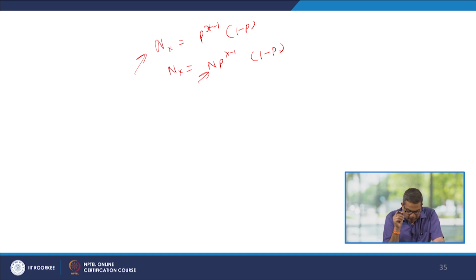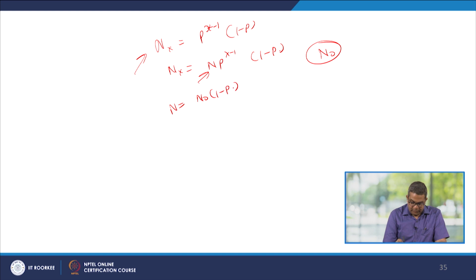The overall amount of structural units initially present is N naught. So N is equal to N naught into 1 minus P. Therefore Nx is equal to N naught into (1 minus P) squared into P to the power X minus 1. This is equation number 5.